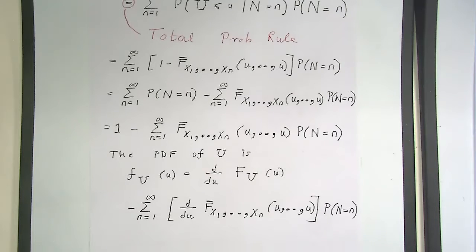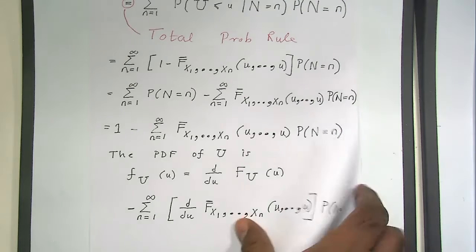Alright, so this is the expression. So I've taken the derivative inside the summation, right? And the only thing you need to differentiate is the first term, not the second, because the second is just the probability. It doesn't depend on U, right? Okay, guys. Any questions so far, guys?